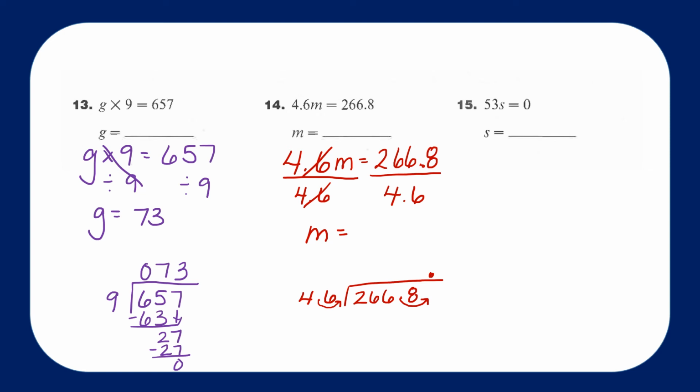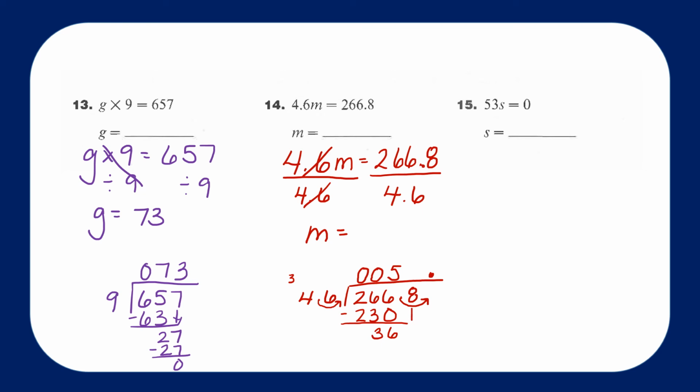Okay, 46 cannot divide 2. It cannot divide 26. It can divide 266 5 times. 5 times 6 is 30. 5 times 4 is 20, plus 3 is 23. 6 take away 0 is 6. 6 take away 3 is 3.